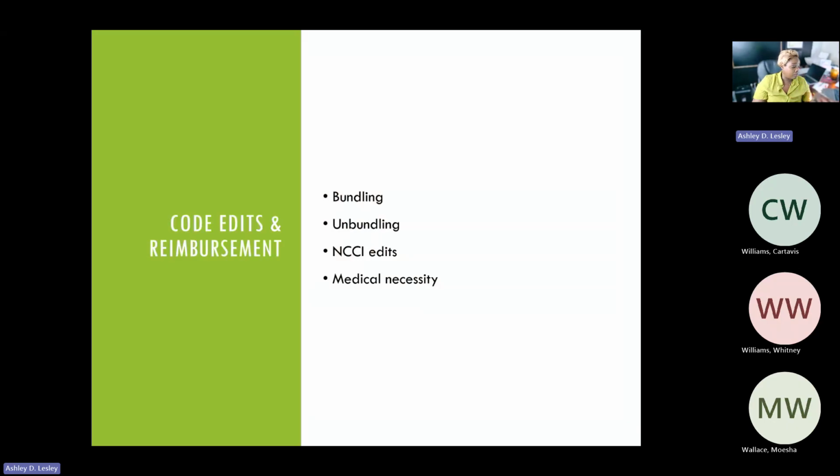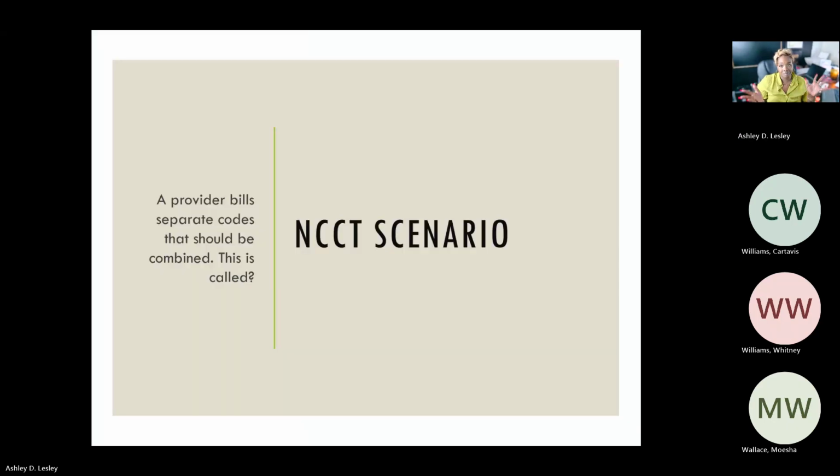So what he did was, for the nice price of $199, you can get a mommy makeover. This code 5555 is a mommy makeover. Well, Moesha said, I just would do a BBL, a breast augmentation, a tummy.